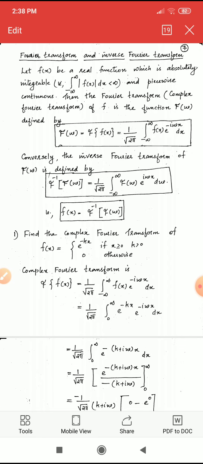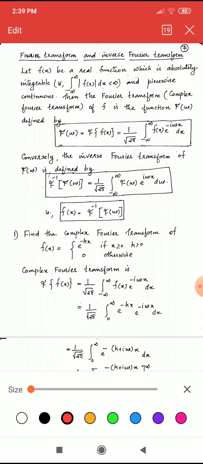Here, Fourier transform. Let f of x be a real function which is absolutely integrable. Absolutely integrable means integral from minus infinity to infinity of mod f of x dx is less than infinity, and piecewise continuous. Then the Fourier transform of f is the function F of omega.